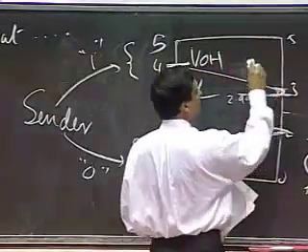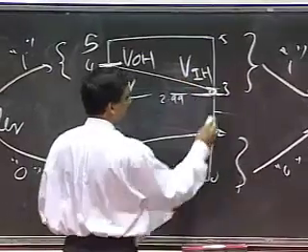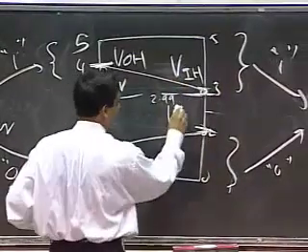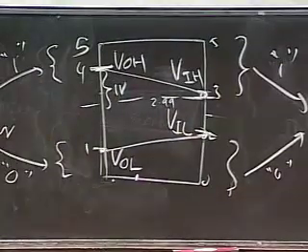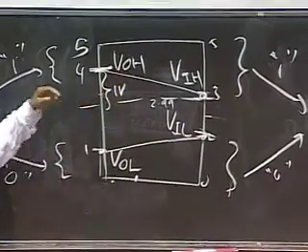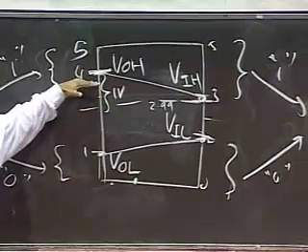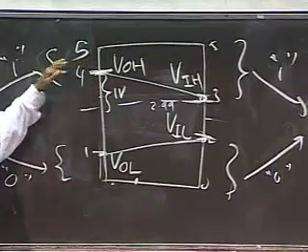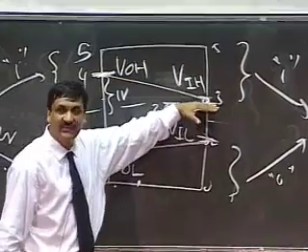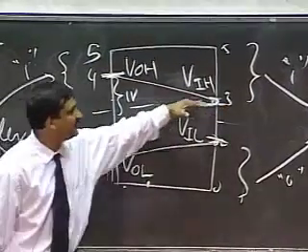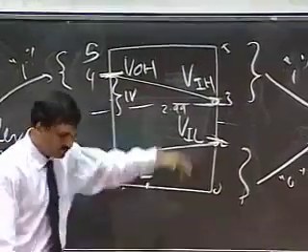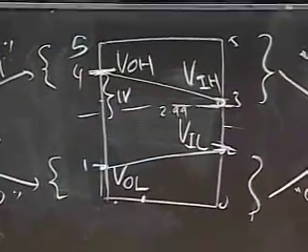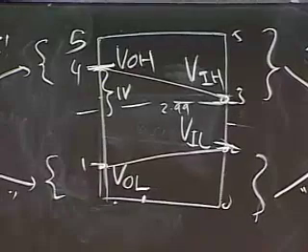This threshold here is called V input high, and this threshold here is called V input low. So VOH simply says that senders must send voltages higher than VOH. Receivers must receive values higher than VIH as a 1. So these 4 thresholds together give you your, yes?